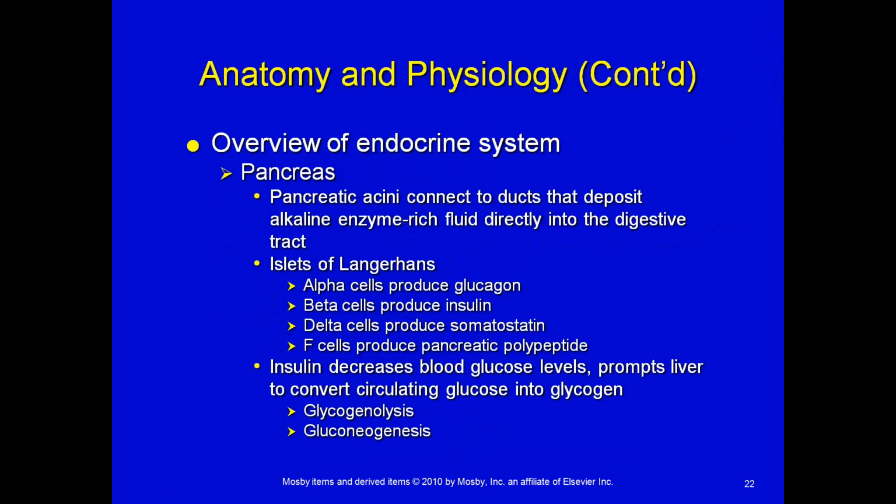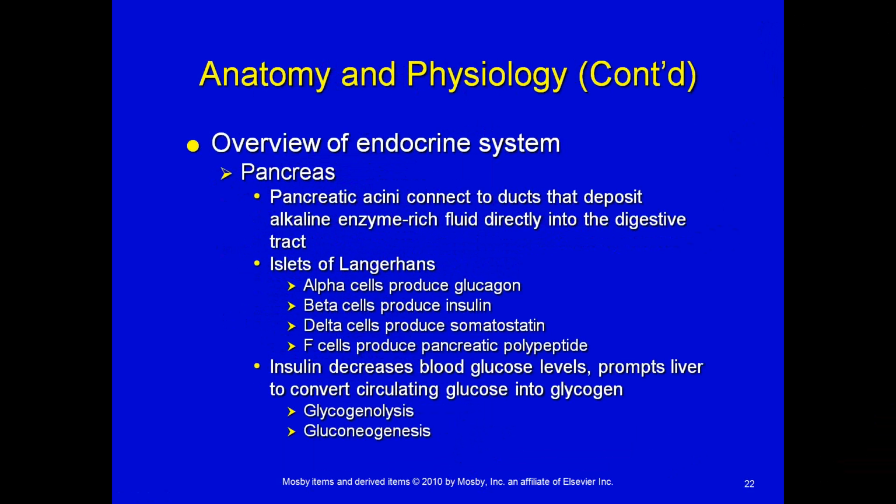From the islets, alpha cells produce what's known as glucagon, and glucagon is essential for increasing blood glucose. And the beta cells in the islets of Langerhans produce insulin, which is important for decreasing blood glucose. And the delta cells produce somatostatin, which has to do, of course, with the regulation of cholesterol.